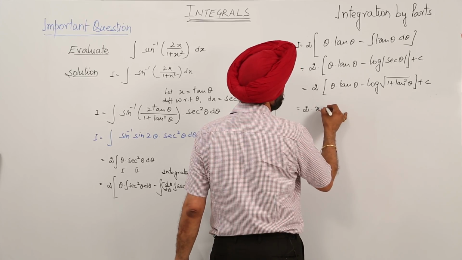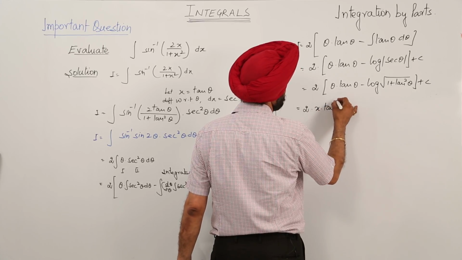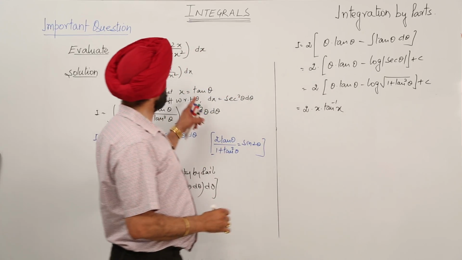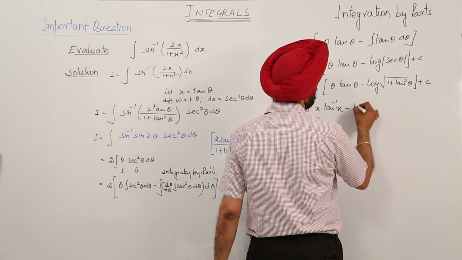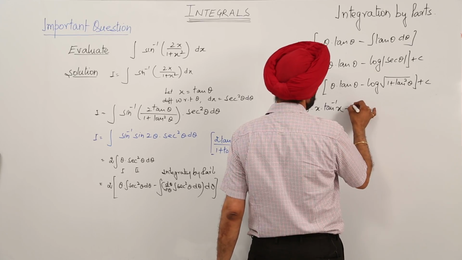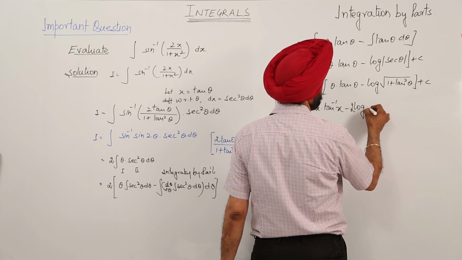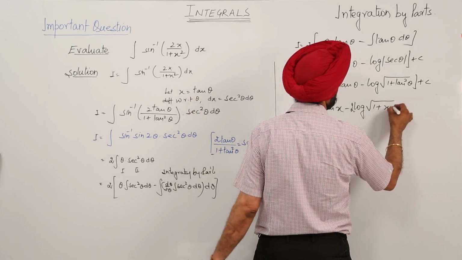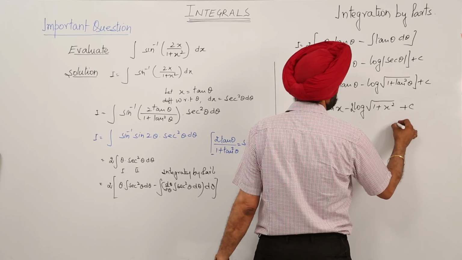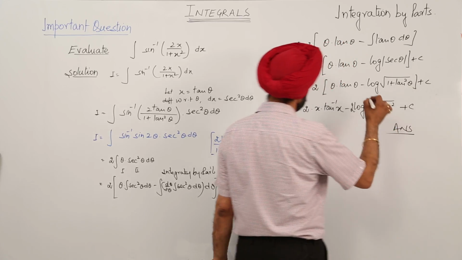So x with tan inverse x, because theta will become tan inverse x, minus log under the root 1 plus x square, plus c. Answer.